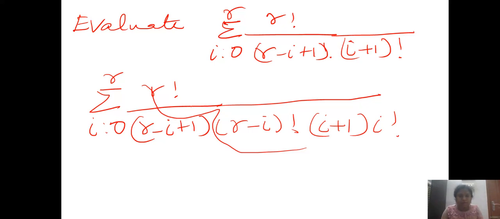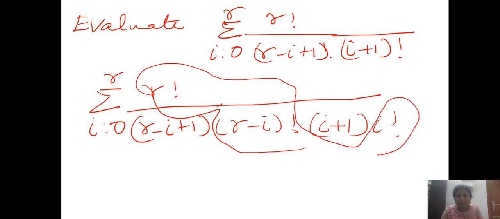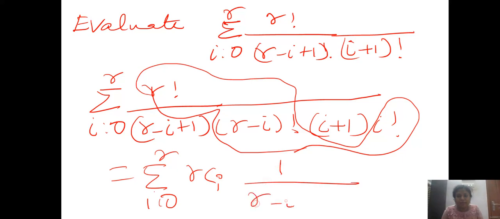These three things together we can write as r choose I multiplied by 1 by (r minus I plus 1) and (I plus 1). Now we have simplified this one.